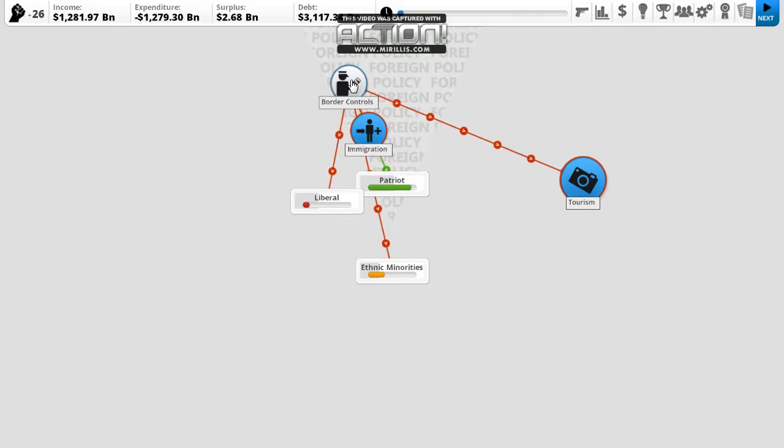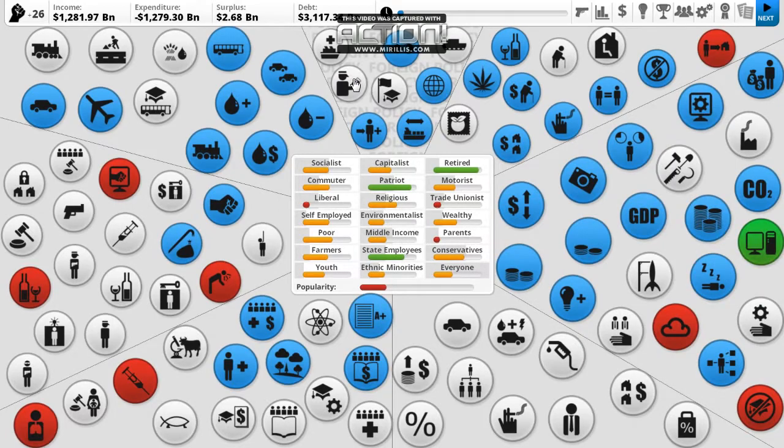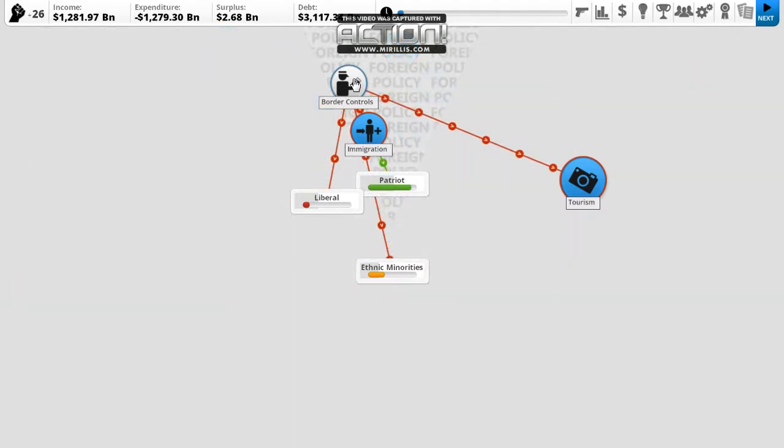So the border controls, for example, are decreasing tourism, and that's straightforward. It means that it's decreasing the level of tourism. And it's also this red arrow from border controls to the liberals. That doesn't mean that it's decreasing the number of liberals, it just means that it's making the liberals less happy because it's going to the liberal opinion bar.